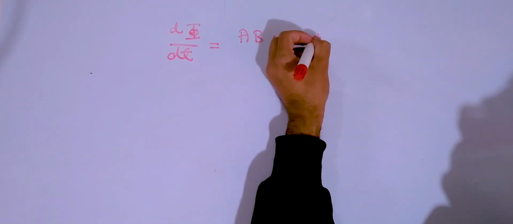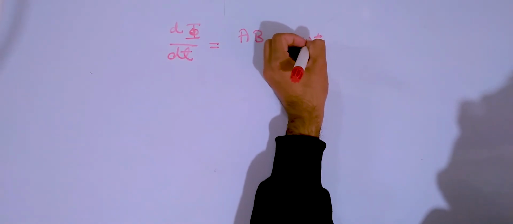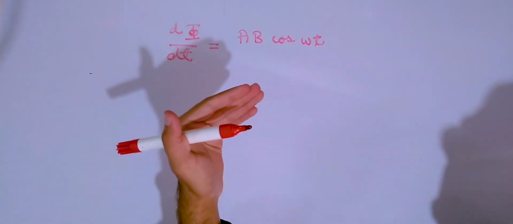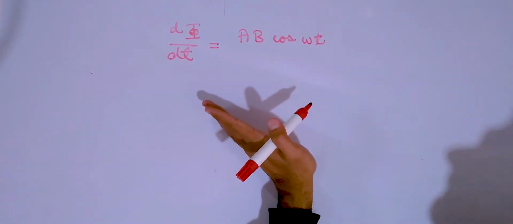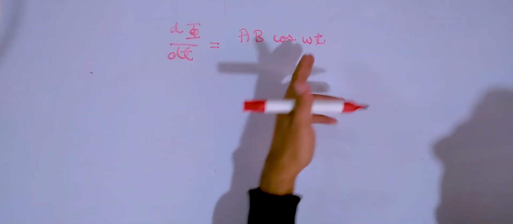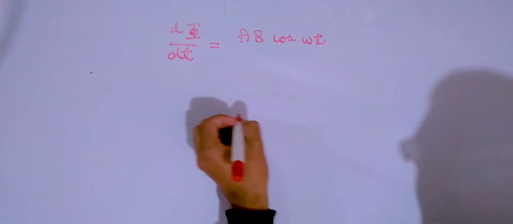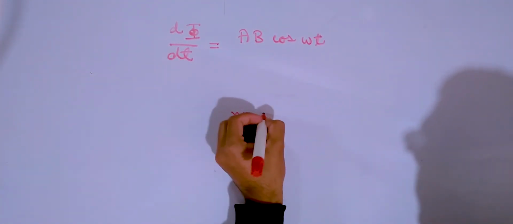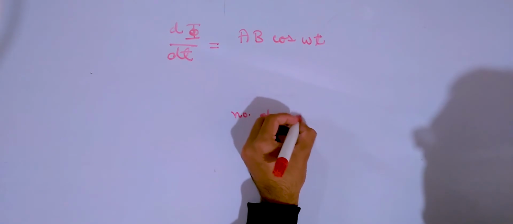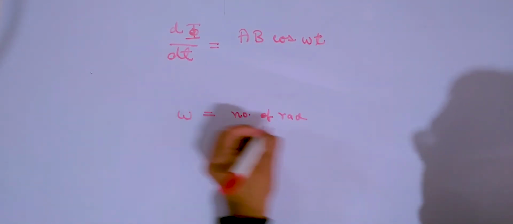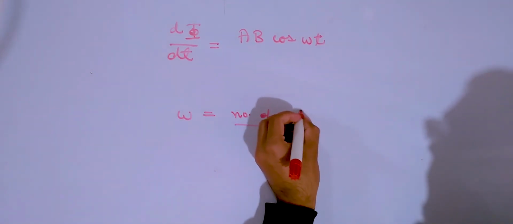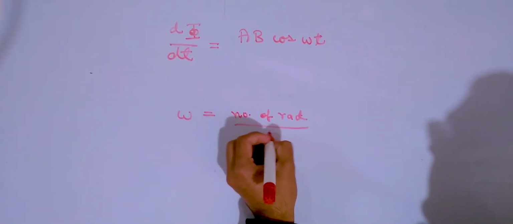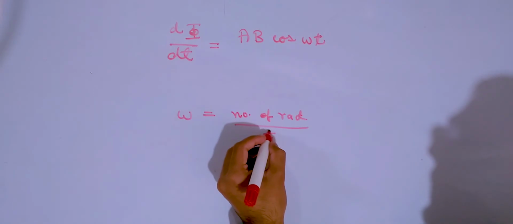Now what is angular frequency? It is the number of radians that the coil covers every second, right? That is its angular frequency. So omega equals the number of radians covered in 1 second, so the number of radians divided by the time taken.